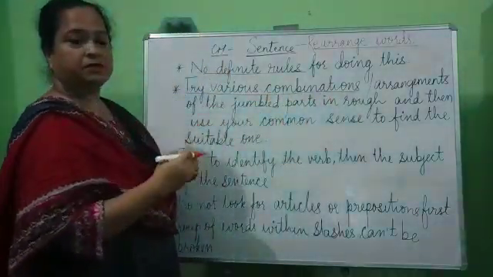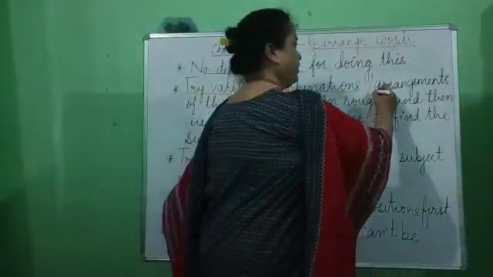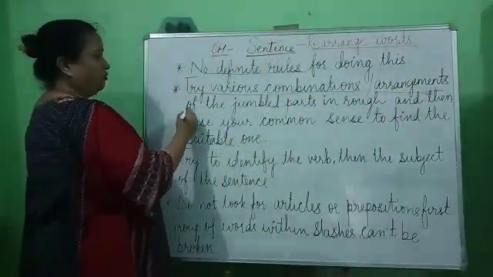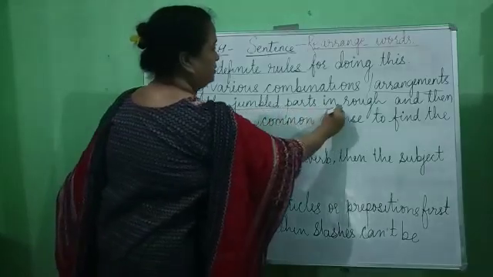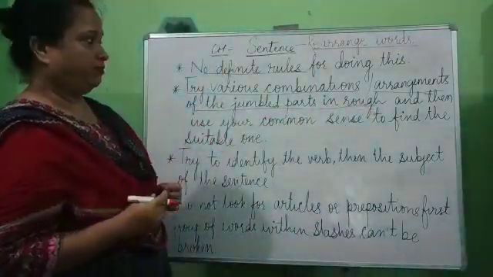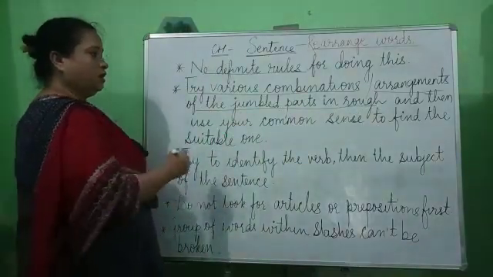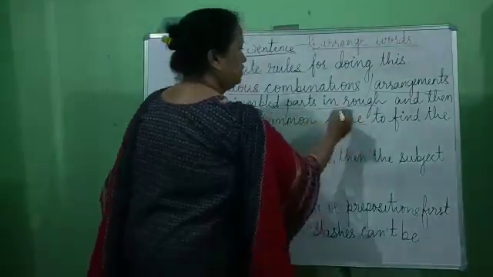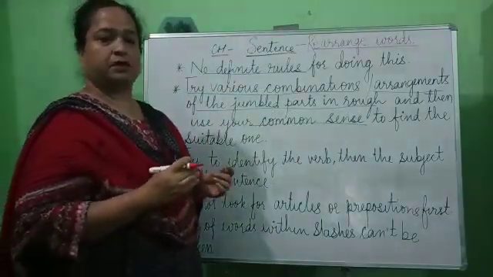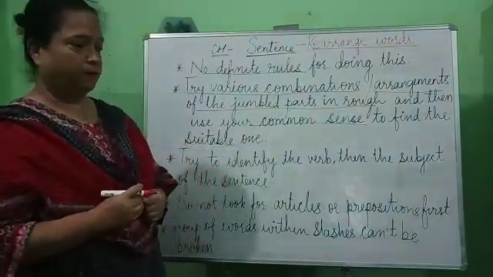That means different ways. We have to try different arrangements, and we have to also make these arrangements or combinations of words in rough. And then we must use our common sense to find out which formation of words is correct or suitable.